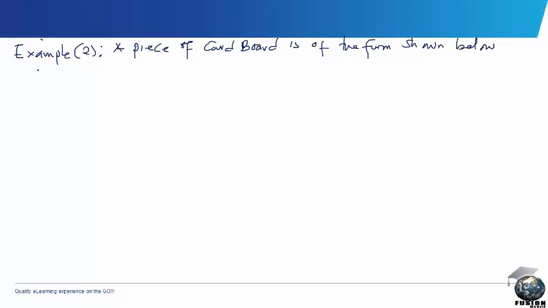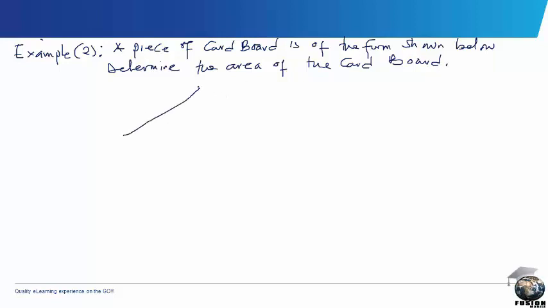When we see it, we are told to determine the area of the cardboard. All right, so the cardboard is given as this, and this is the picture we are talking about.